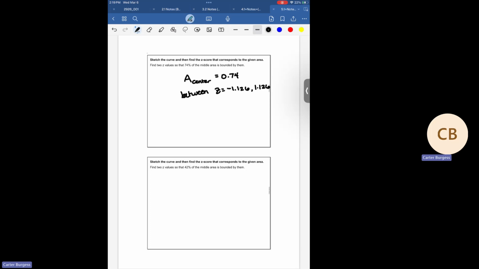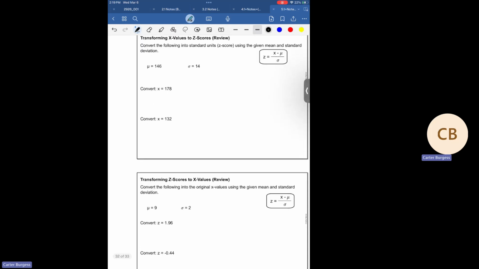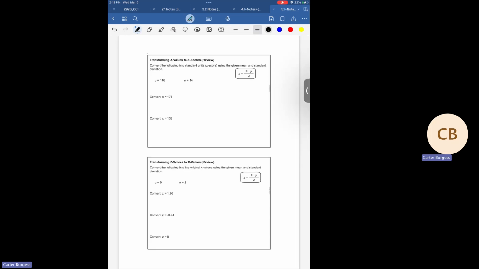Easy peasy. Bit mind numbing. Okay, there is technically one more thing to cover in 5.5. I'm pretty sure it is just converting between x values and z-scores, which we've already done. We'll do a little bit of practice with that tomorrow and the day after.